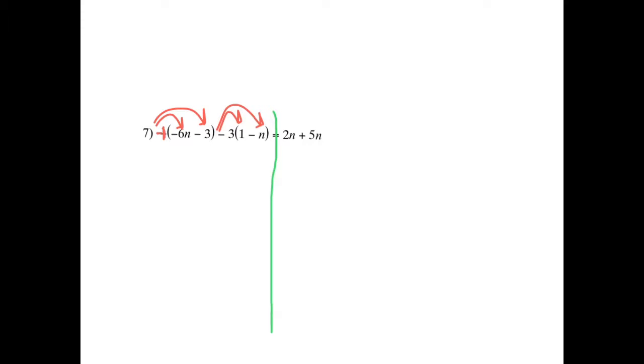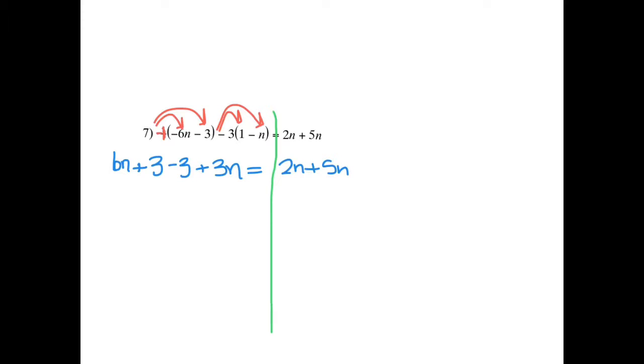So let's distribute first. Negative 1 times negative 6n equals a positive 6n. Negative 1 times negative 3 is a positive 3. Negative 3 times 1 is a negative 3. Negative 3 times a negative n is a positive 3n equals 2n plus 5n.